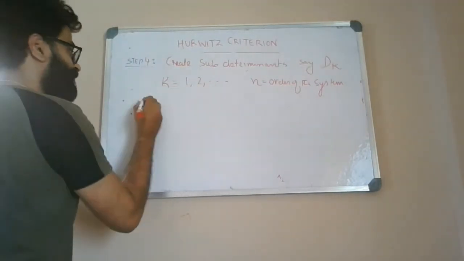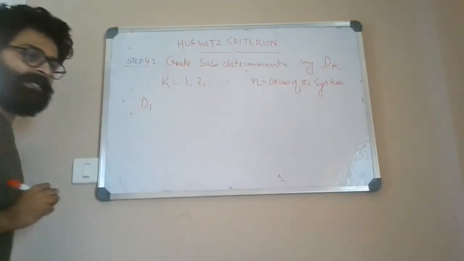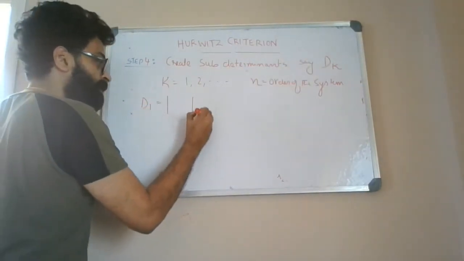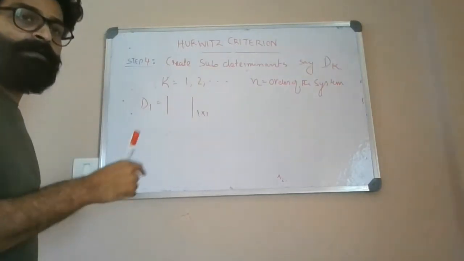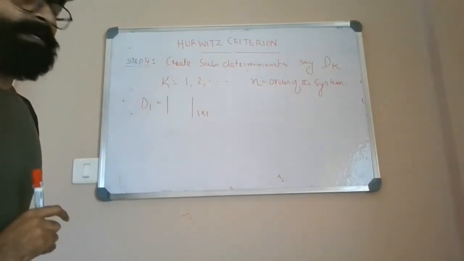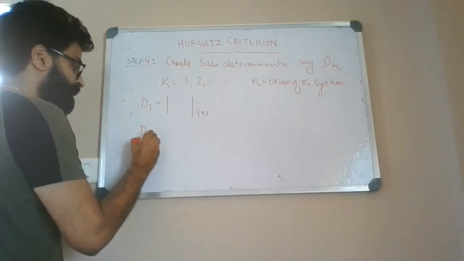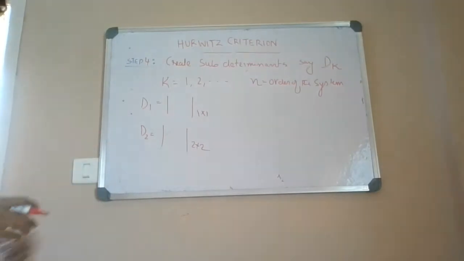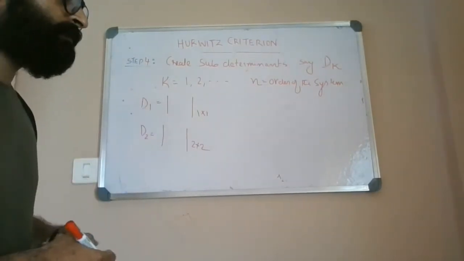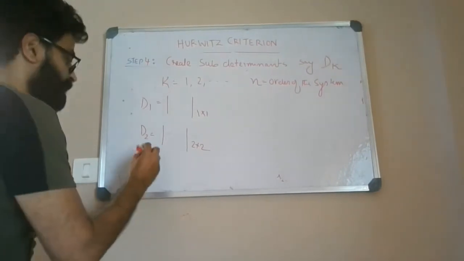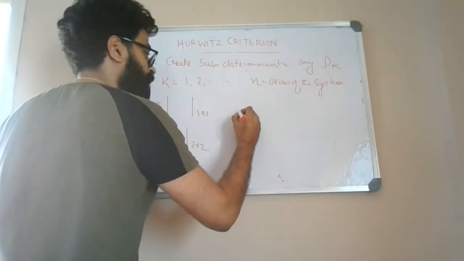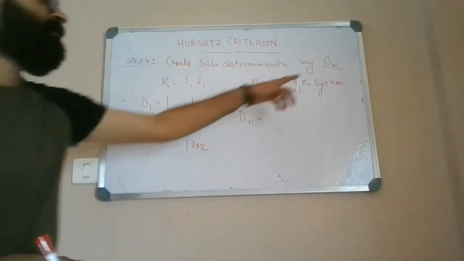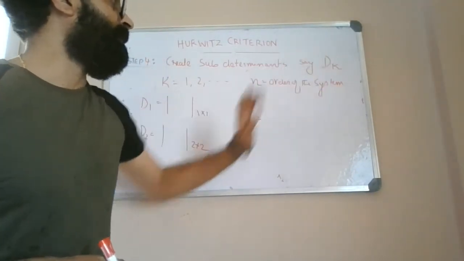If I take k equal to 1, I get D1. D1 refers to the 1 cross 1 determinant from the main determinant H. Similarly, D2 refers to the 2 cross 2 determinant extracted from H. Going on like this, what would be the dimension of Dk?